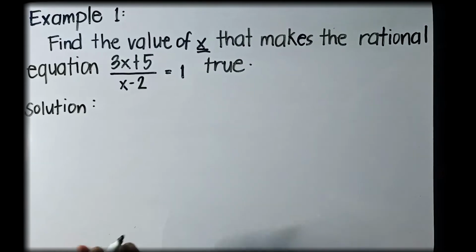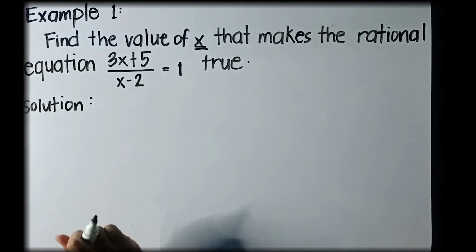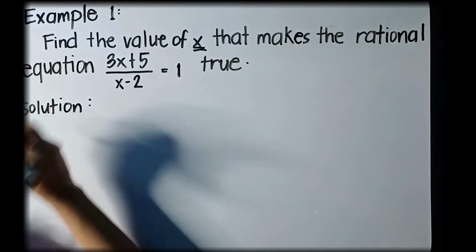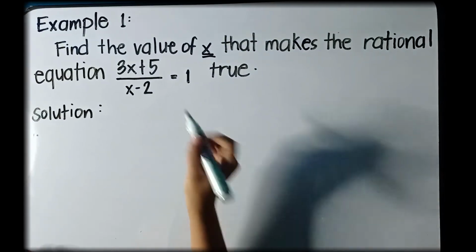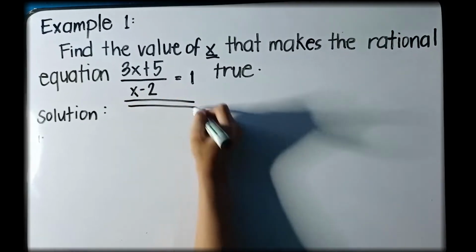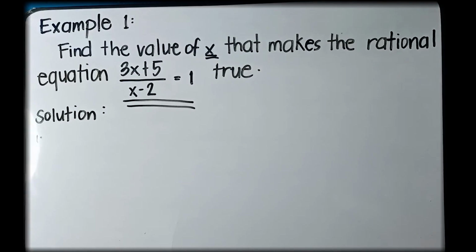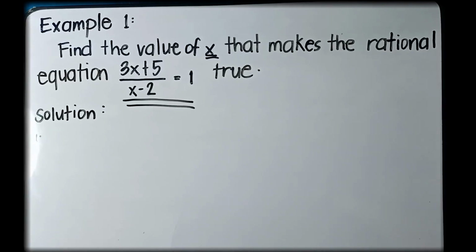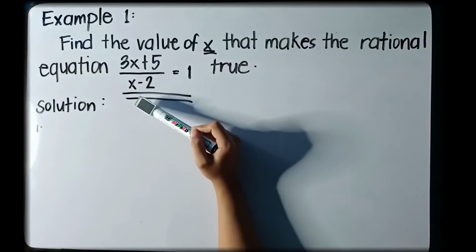In solving rational equations, we have 5 steps. First, identify the LCD of this rational equation. You need to take a look at the denominators of your rational equation.